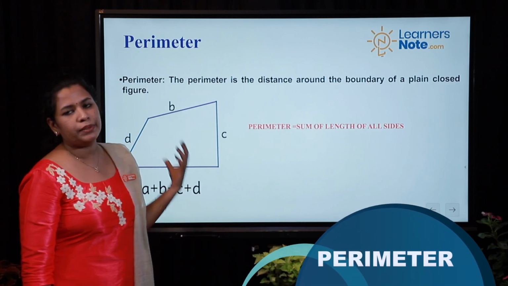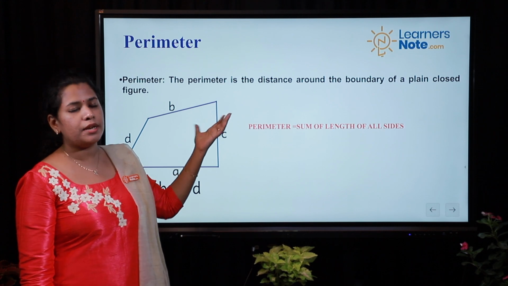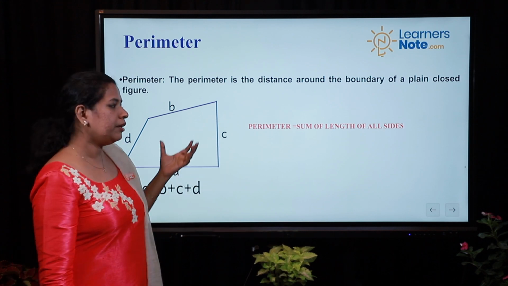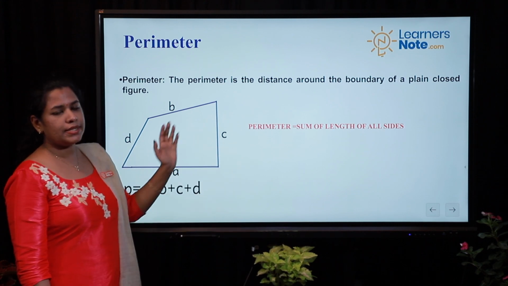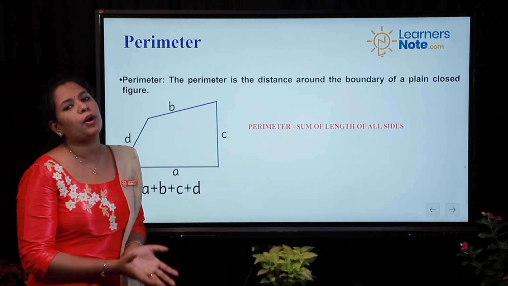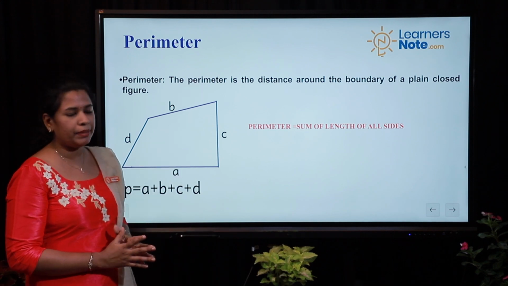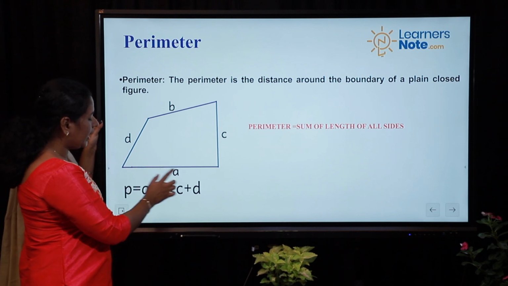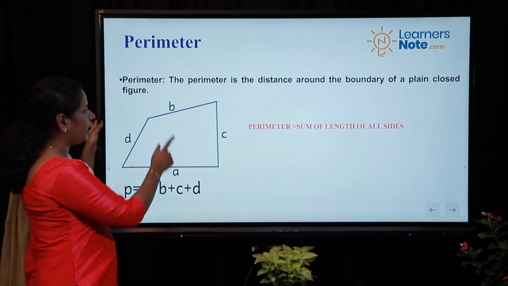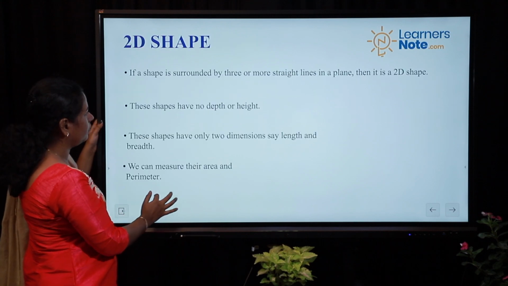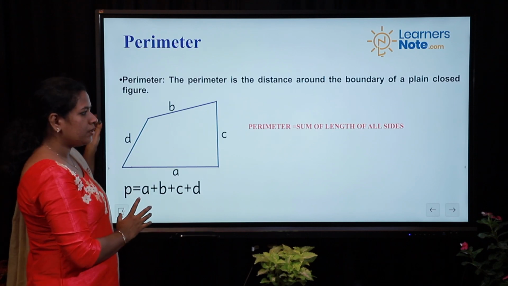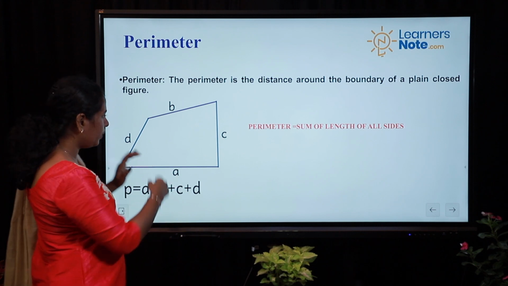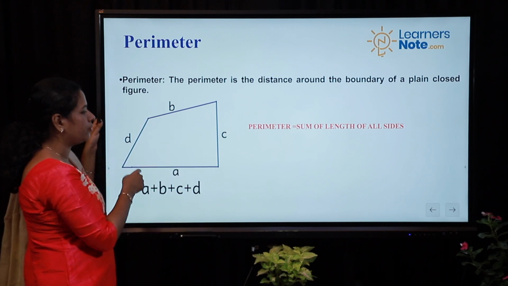Then how to calculate the perimeter? What do you understand by the word perimeter? Perimeter means the total length of the boundary. Here you can see a shape, with the sides marked A, B, C and D. How can we calculate the total length of the boundary?